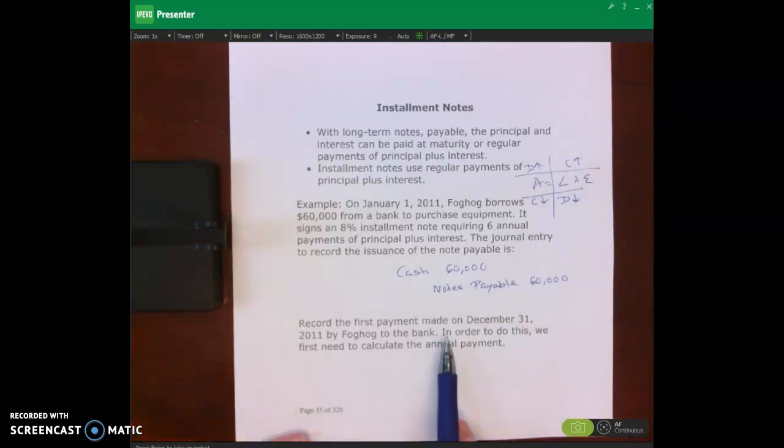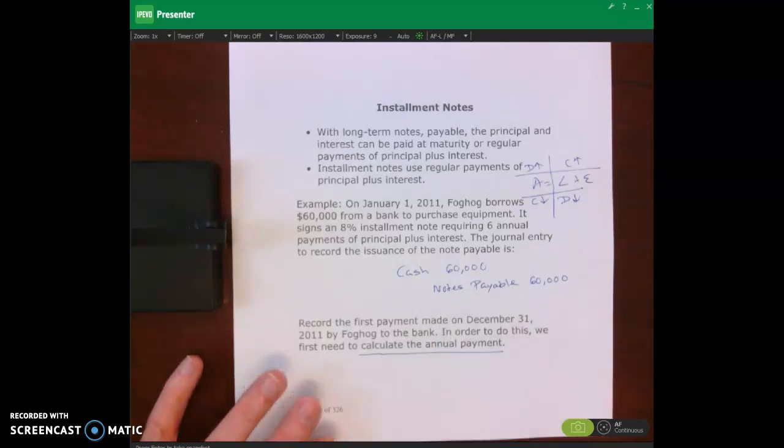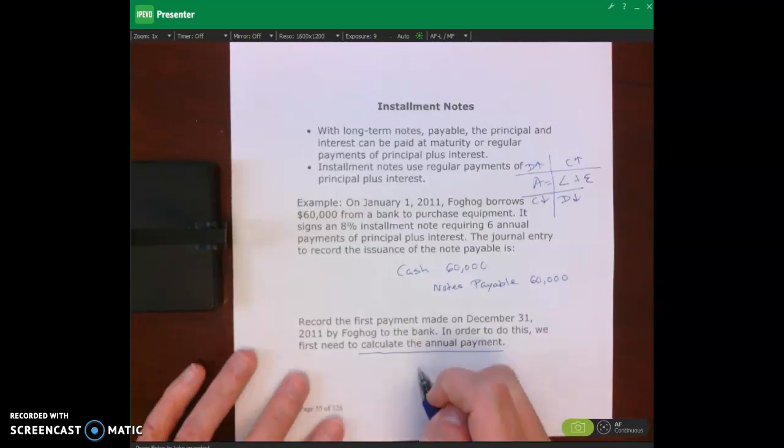Okay? Now record the first payment. In order to do that, we have to figure out what the payment is. We have to calculate the payment. So what we're going to do is we're going to first figure out our factor. We have to figure out our present value factor in order to calculate this.